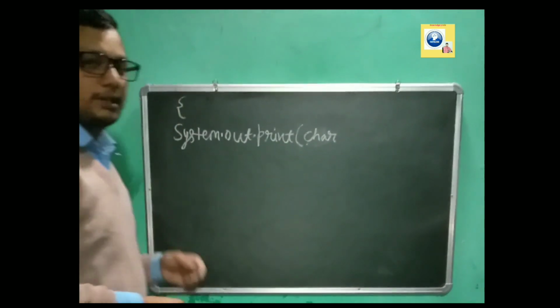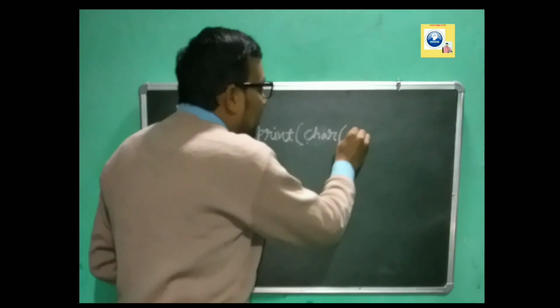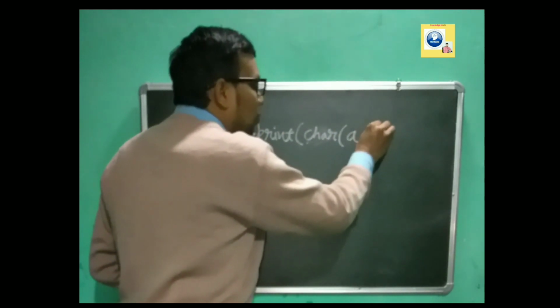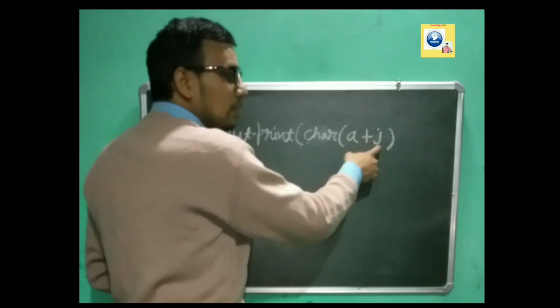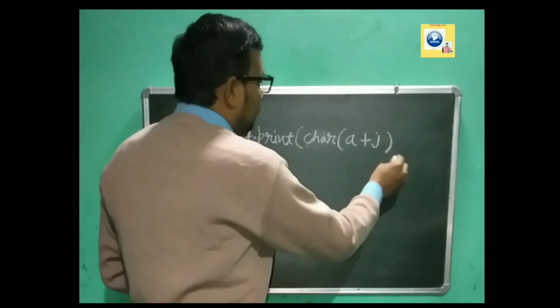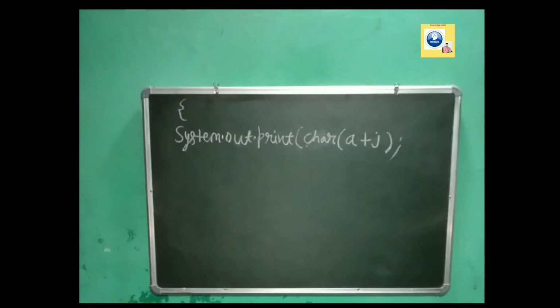That is called typecasting. Okay, so that will be converted into character. Where is the value stored? That is stored in a, that value 65, plus whatever the value of j will be, initial value is 0, and we will print it. Okay, now let's put a semicolon.